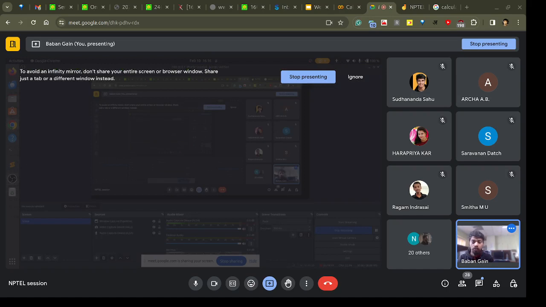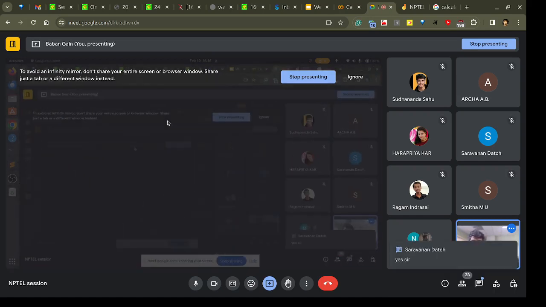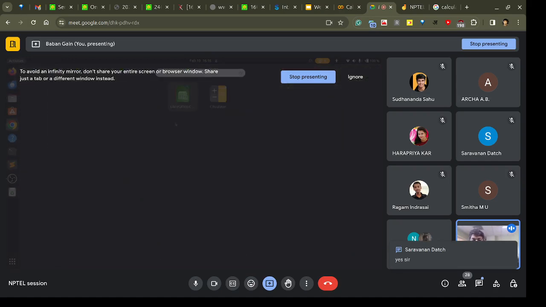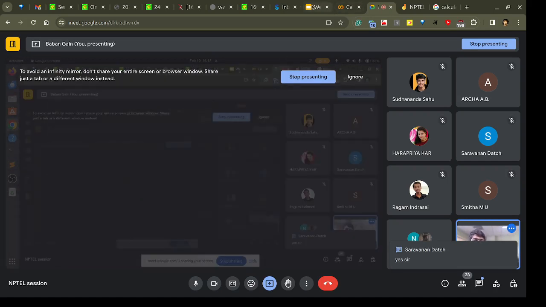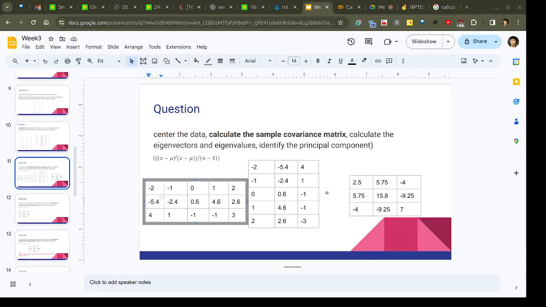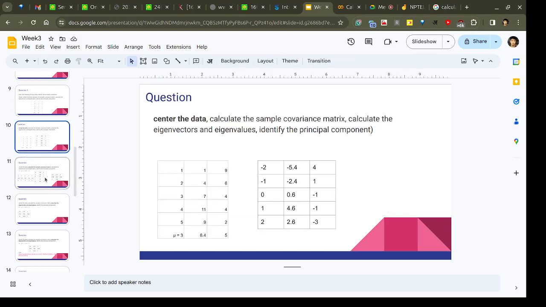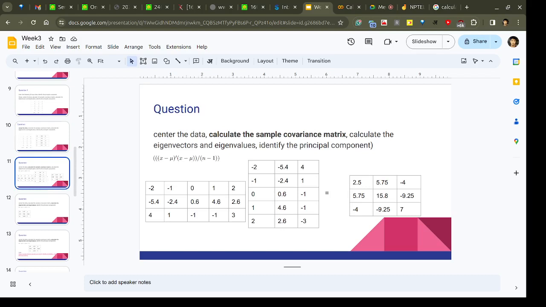Okay. I will open the calculator. Okay, so the first one is correct, I have already calculated that. For the second one we need to find out the values, because by mistake I have written 2.4, but it is actually minus 2.4.